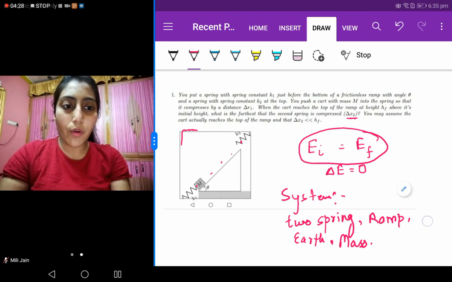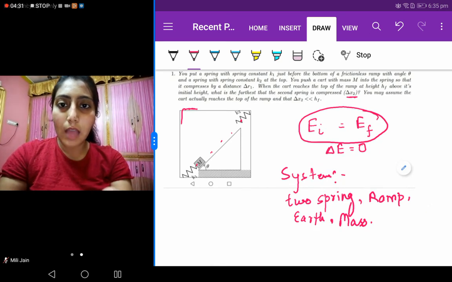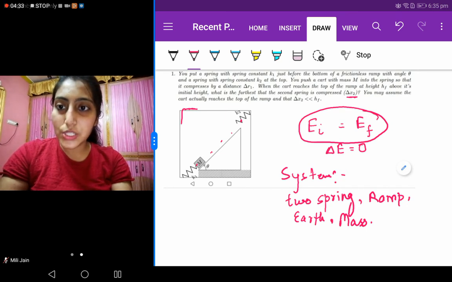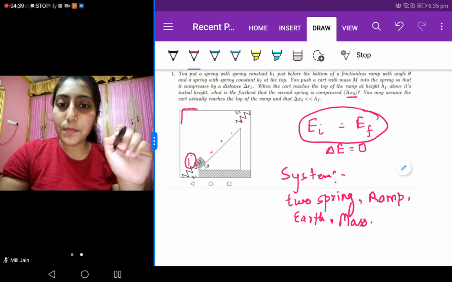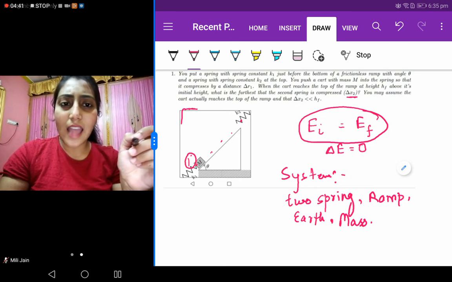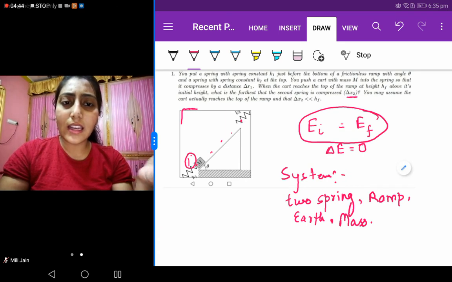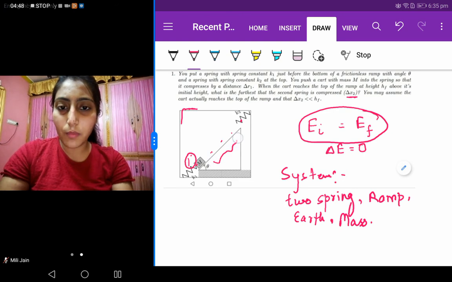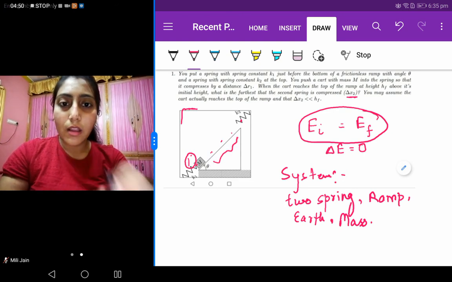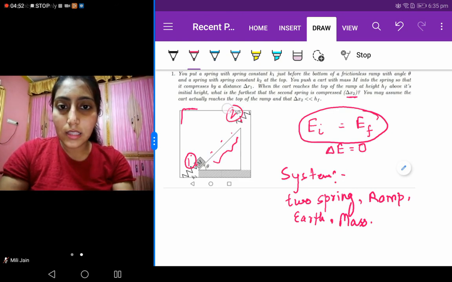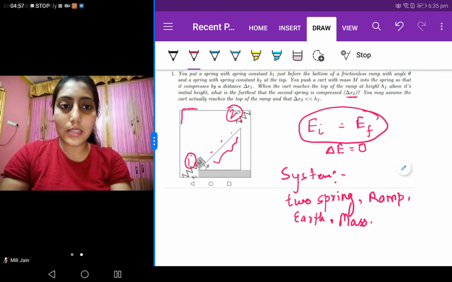So I'm using my first point as the initial compression, since the compression is given as delta x1. In between there is kinetic energy, and we don't need to find any velocity, so I will not use any point from there. Then I'll use my second point as this compression and this height, because this is what they have asked us.